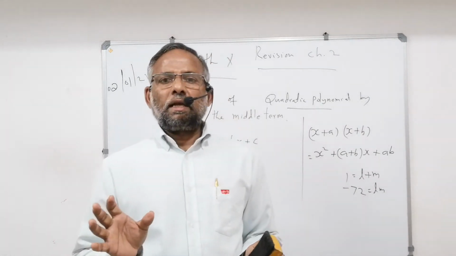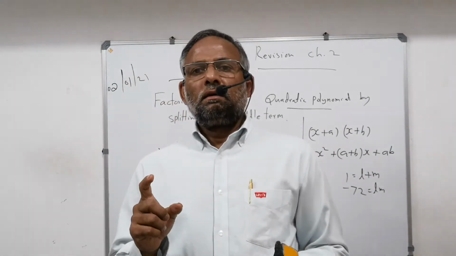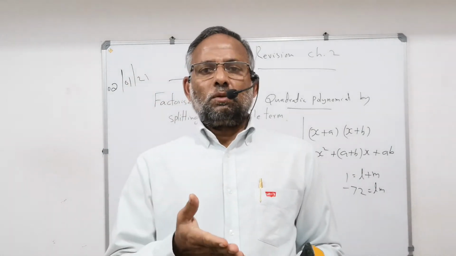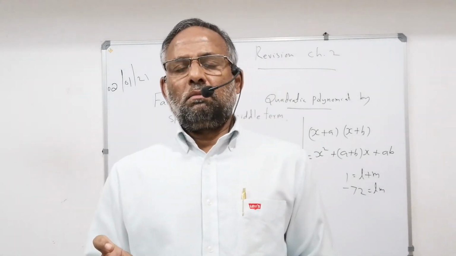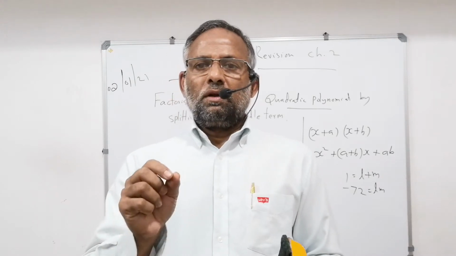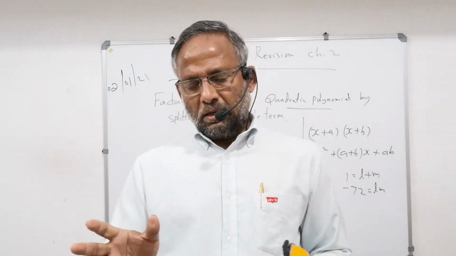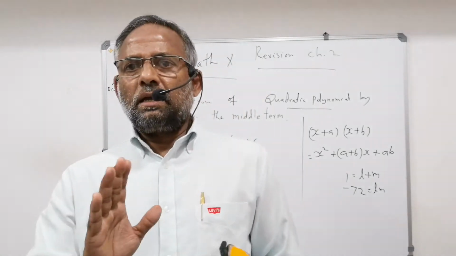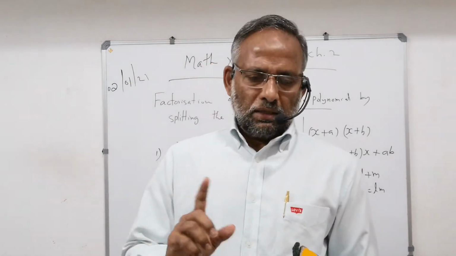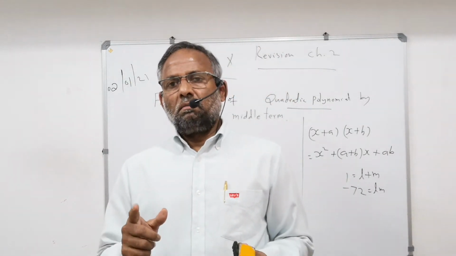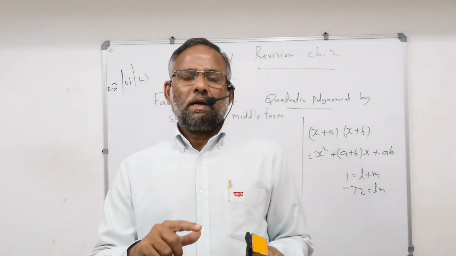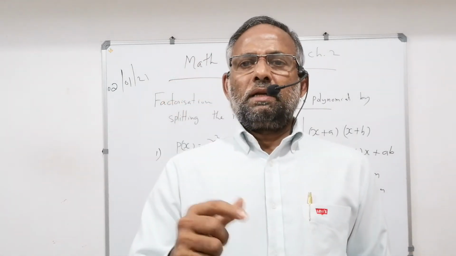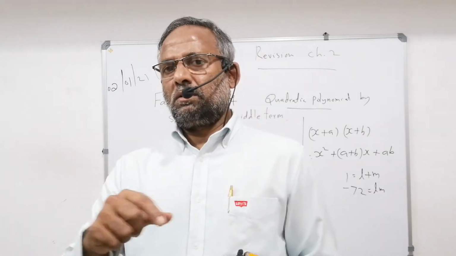Here we can think logically in your math. Whenever you multiply two numbers of different sign, we are getting minus. Same sign, plus, multiplication or division of same sign. Minus into minus, plus into plus, plus. But plus into minus, minus, minus into plus, minus. For division also same thing.